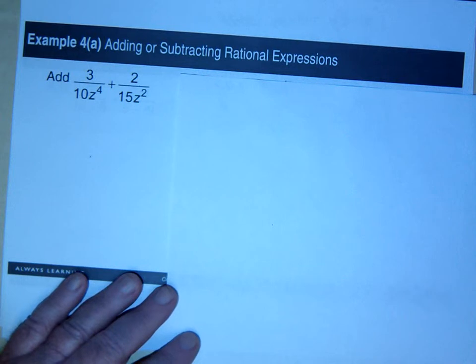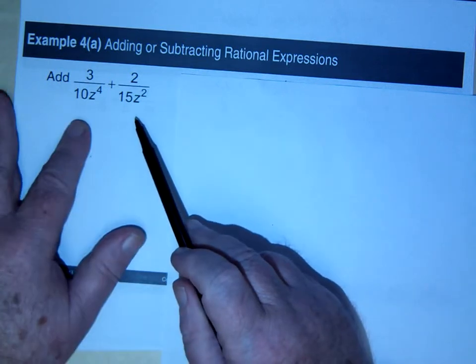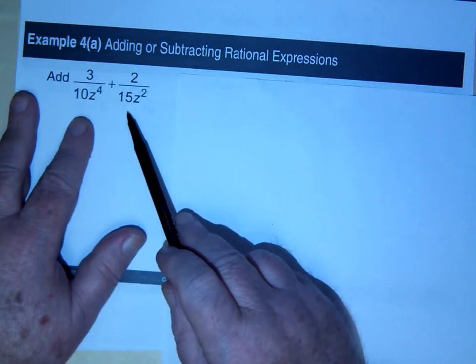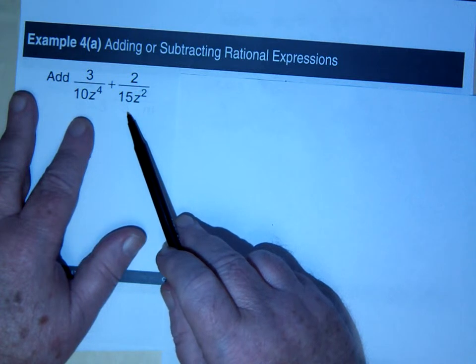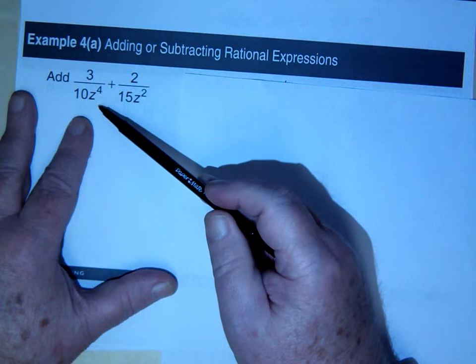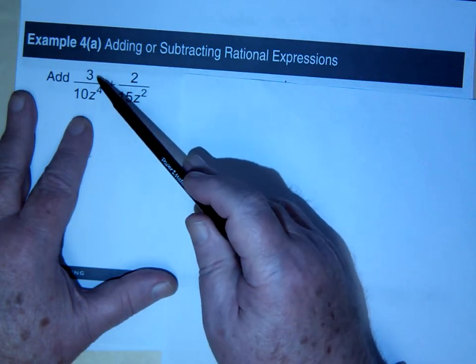Now we're going to talk about adding and subtracting. Whenever we add or subtract, we need a common denominator. The least common denominator is the best one, so when we look at this, the least common denominator is going to be 30z to the 4th. So I have to multiply top and bottom by something that will give me 30z to the 4th. That means I multiply top and bottom by 3. That gives me a 9.